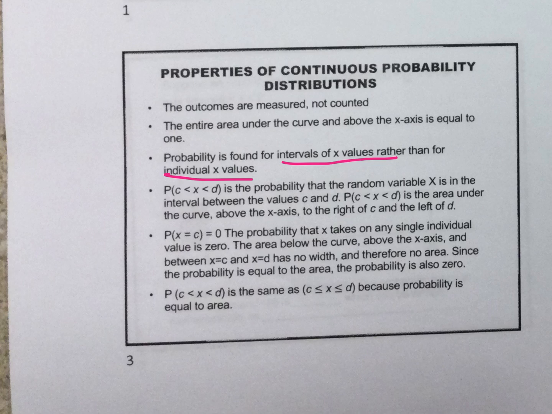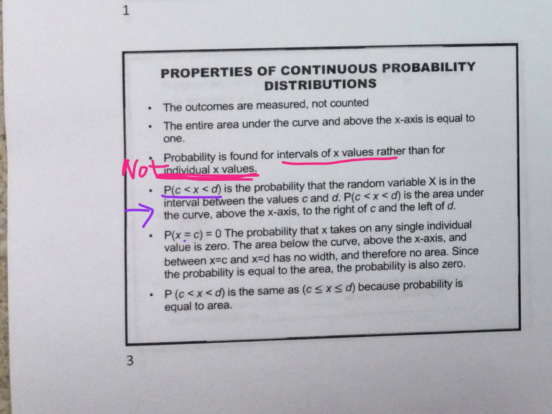Okay, so we're not just finding an x value like we've done in the past. We're finding intervals. And this next piece is talking about that. The probability that x is between C and D, okay?